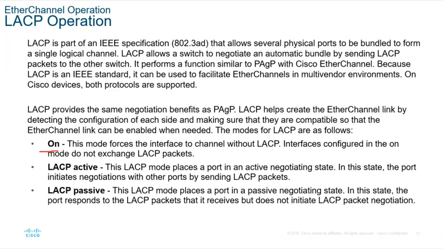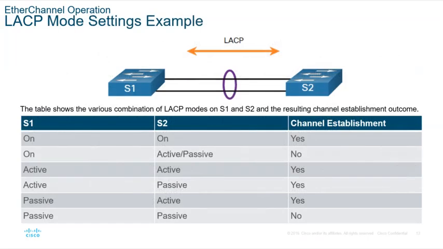If the EtherChannels are to be established, the combination is still this, but this one here, please, it's general, it cuts across, even in the previous. You cannot have "on" with either passive or active. That one is off. But you can have active, because the active side can initiate the negotiation.